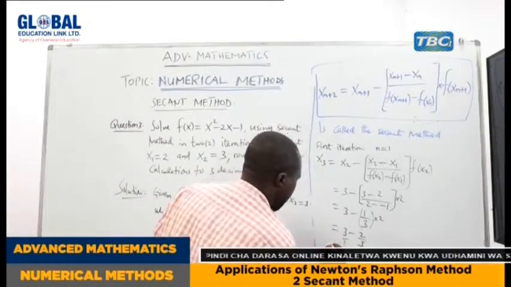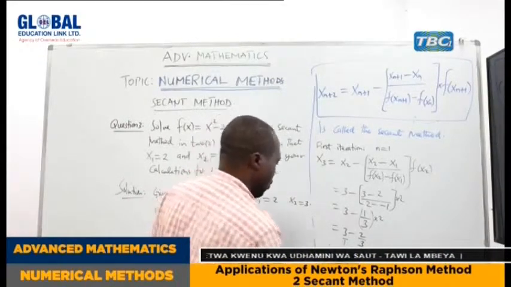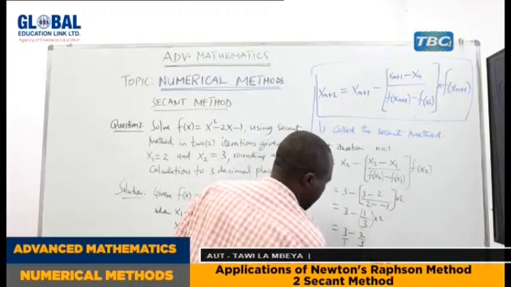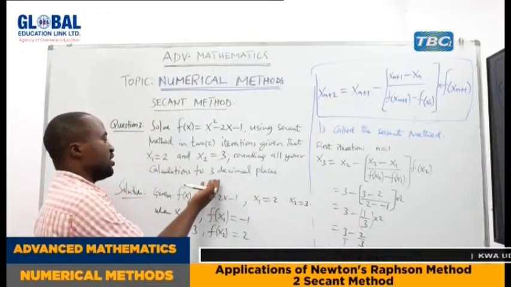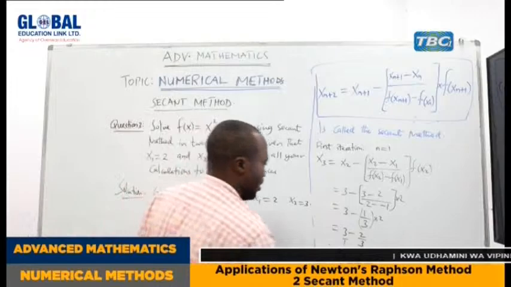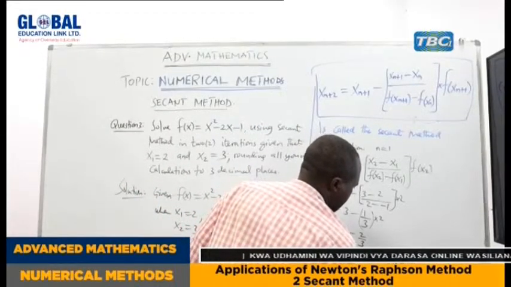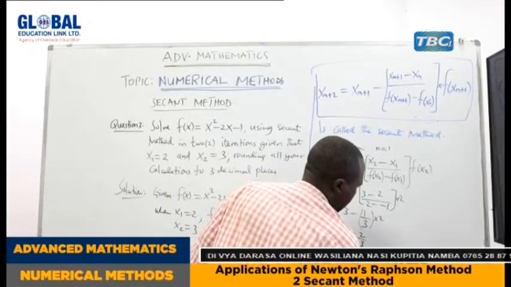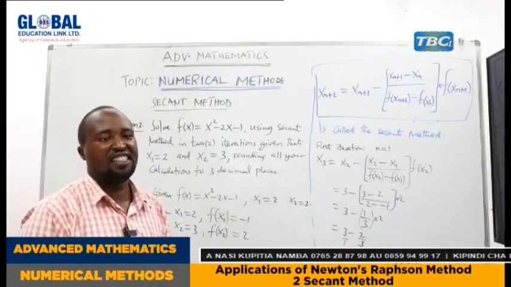So we are going to have x3, which is equal to 2.333. So maintain the number of decimal places, that is 3 decimal places. Now that was for the first iteration.